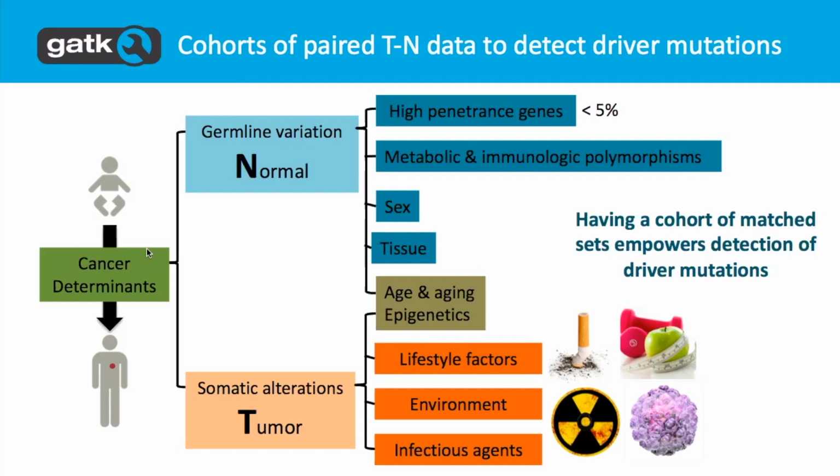So we're going to want to exclude the normal variation. And we want to look at what are the somatic alterations that are happening in the tumor in response to all of those factors, but the things that are happening to us that are not things we already carry. Does that make sense? There's a distinction?